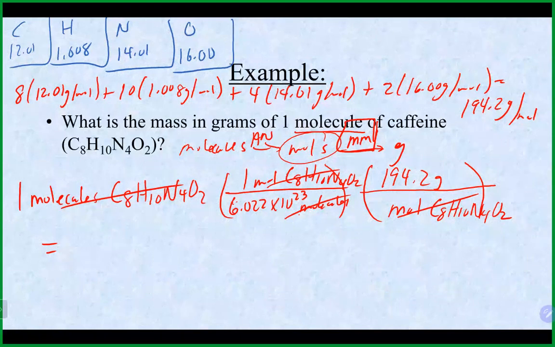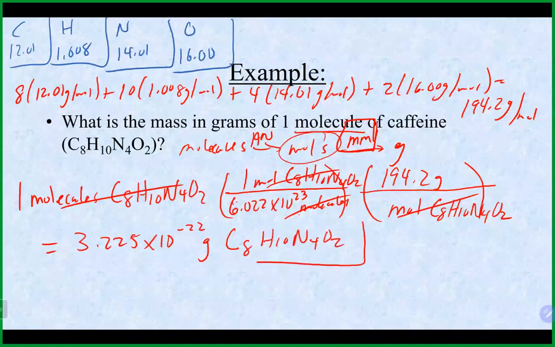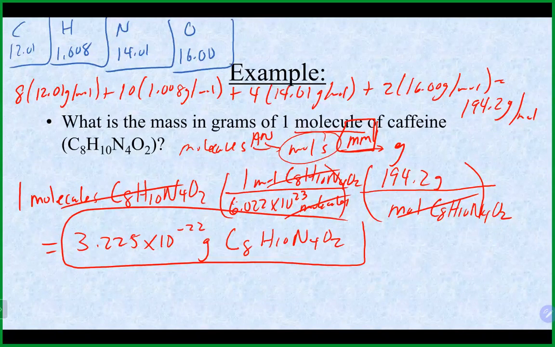About 3.225 times 10 to the minus 22 grams would be 1 molecule of caffeine. Any questions on that calculation there? Questions on molar mass, Avogadro's number, grams to moles, moles to grams?